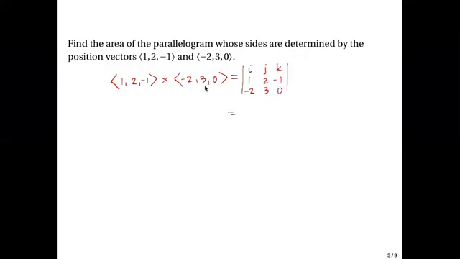If you do this, for the i, and then minus quantity for the j, and then plus quantity for the k. For the i, we have this submatrix. The determinant will be 2 times 0 minus 3 times -1. So 0 minus 3 times -1, that's 3.